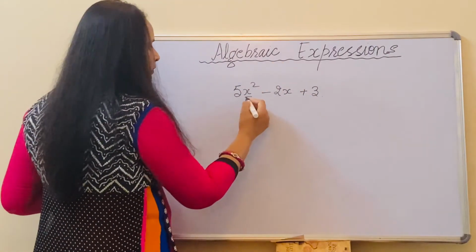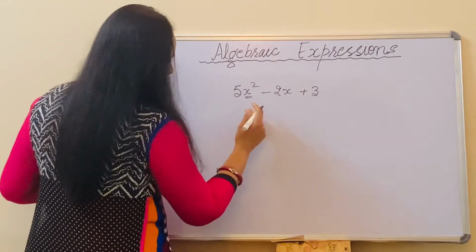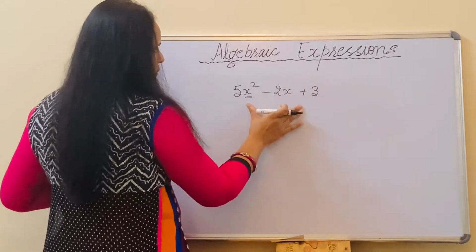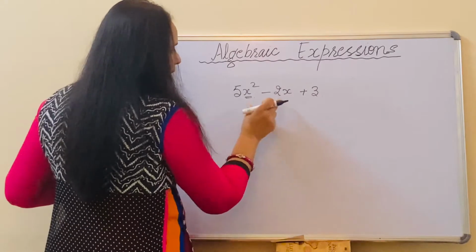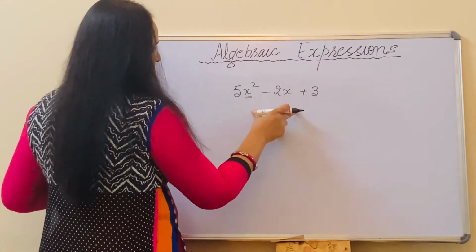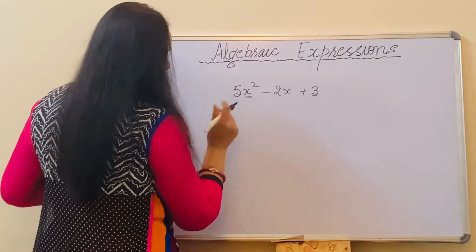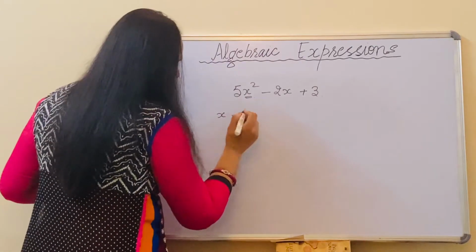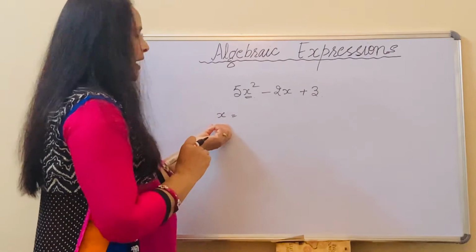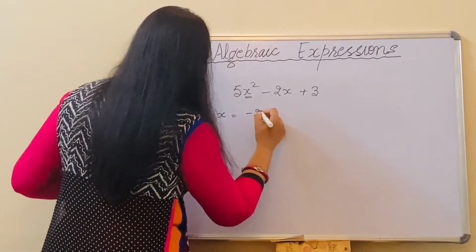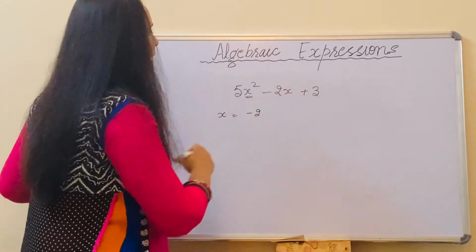If the value of the variable x is given to you, we have to find the numerical value of this algebraic expression. Suppose it is given as -2. Now how will you calculate it?